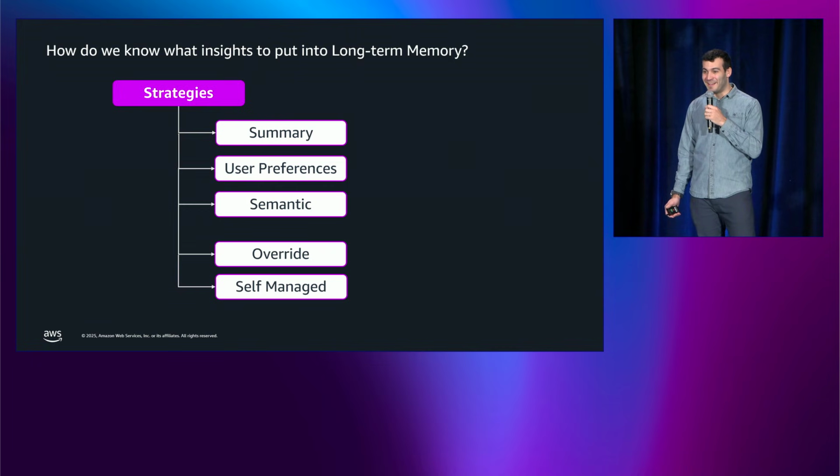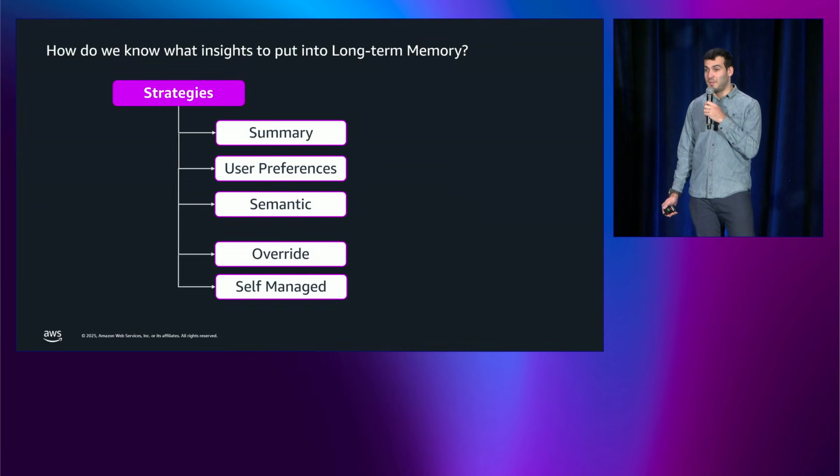You may also want a little more control over what you send into long-term memory. And that's what those bottom 2 strategies are for. So with the override strategy, you can choose which large language models to use and what prompts to use to send information into long-term memory.